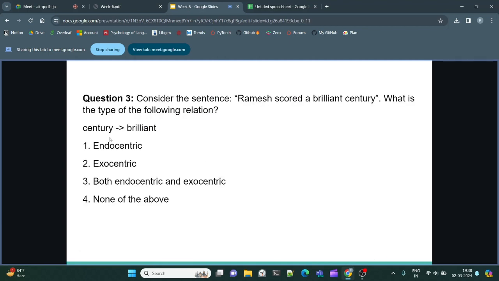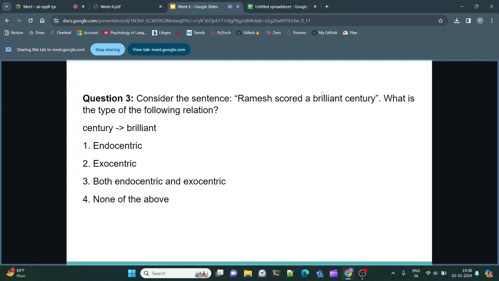So here the construction that we are concerned with is century to brilliant. Here we observe that century is the noun and it is being further modified by the word brilliant. That tells us what kind of relation it is. It is an endocentric relation.